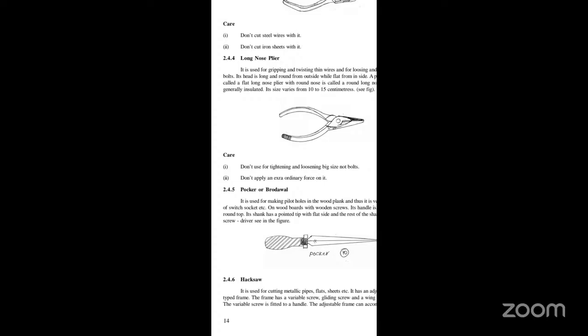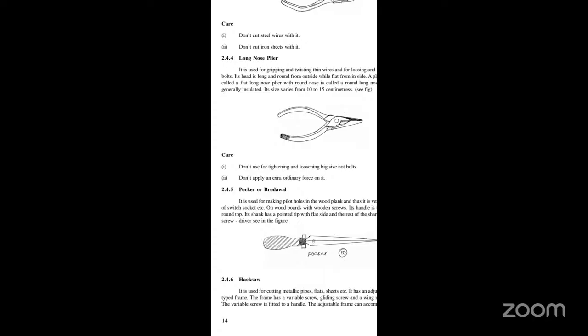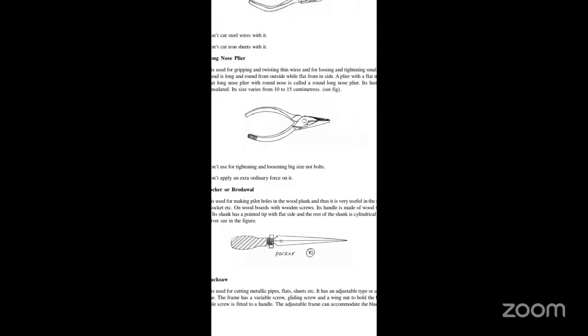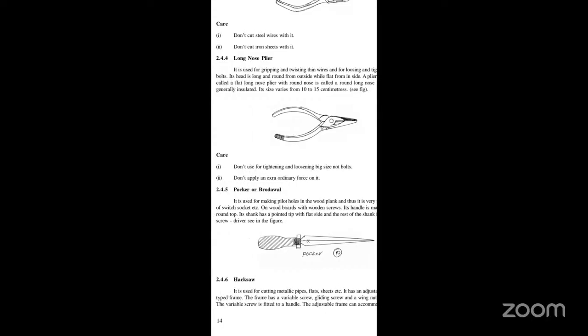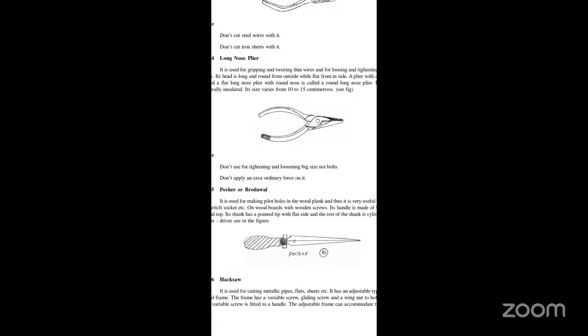Now, hacksaw. It is used for cutting metallic pipes, flats, sheets, etc. It has an adjustable or a fixed type frame. The frame has a variable screw, a gliding screw, and a wing nut to hold the blade.